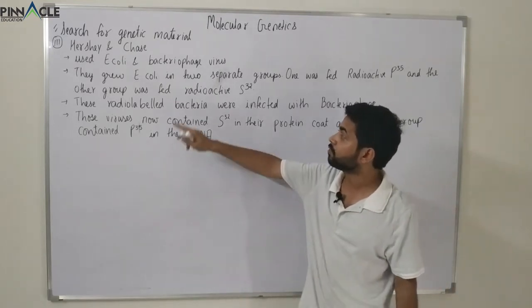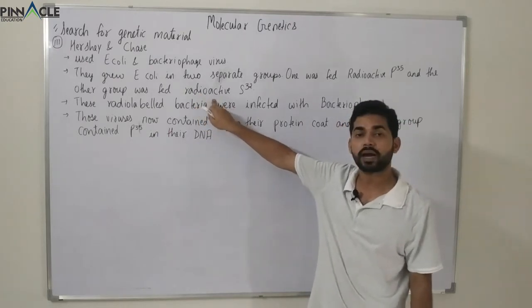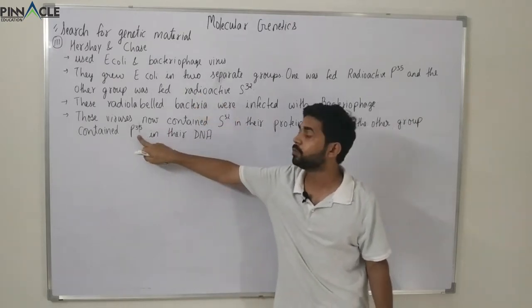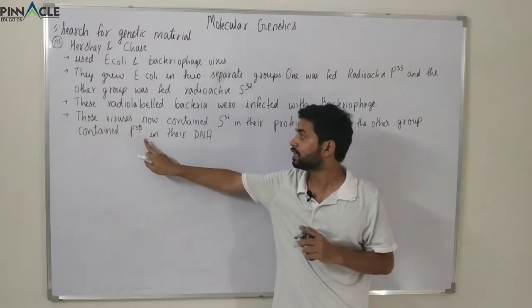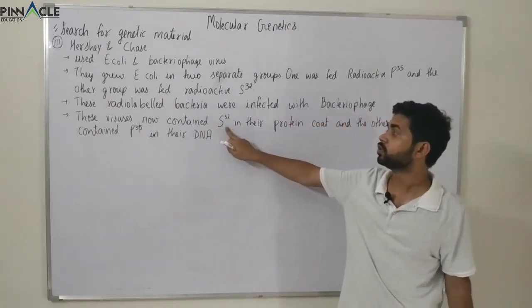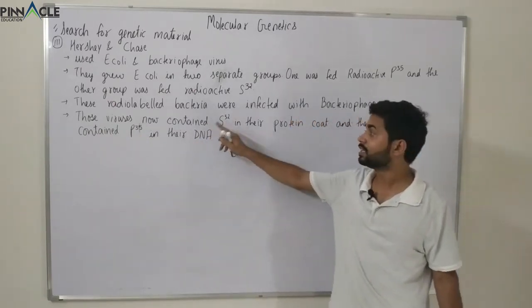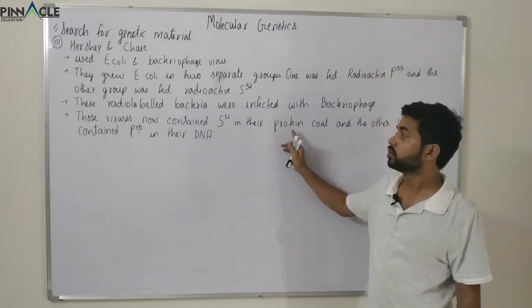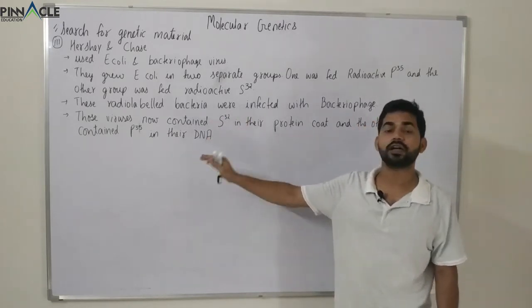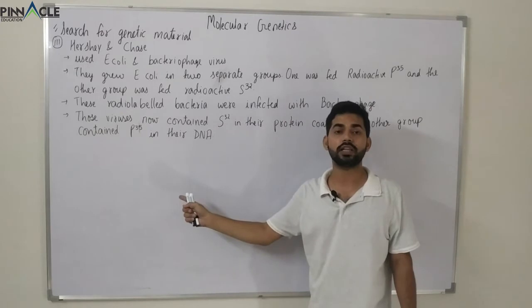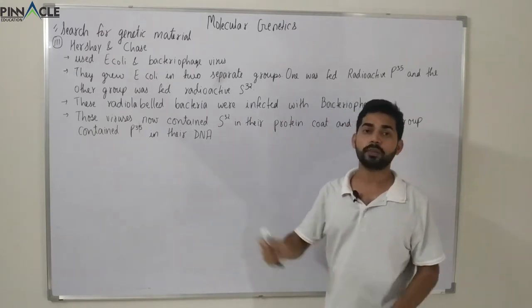So when these viruses infected the radio labeled bacteria, only then did they come to have phosphorus 35 in their DNA and sulfur 32 in their protein coat. Both of these are radioactive. Now these viruses were allowed to infect unradio labeled bacteria, that is, normal bacteria.